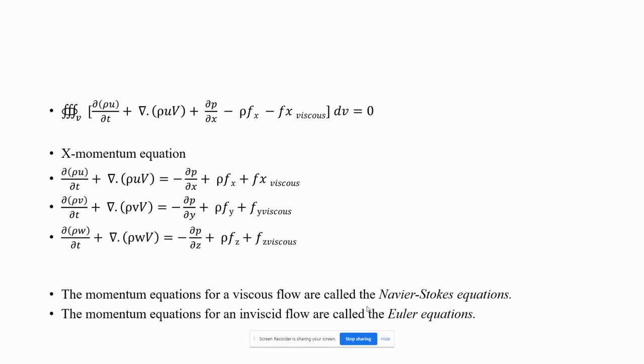These three equations represent the Navier-Stokes equations for a viscous flow. Generally, when the momentum equation contains a viscous component, the momentum equations are known as the Navier-Stokes equations.